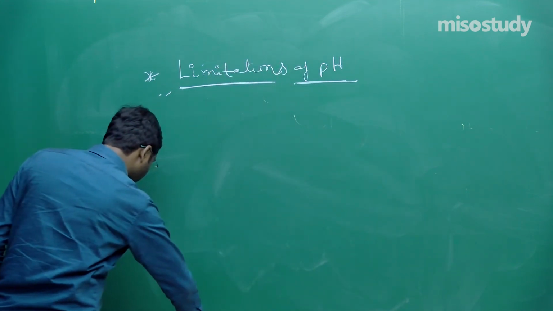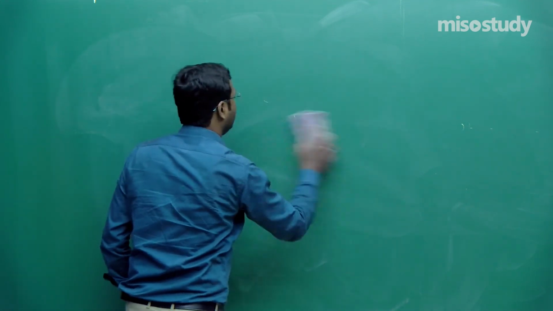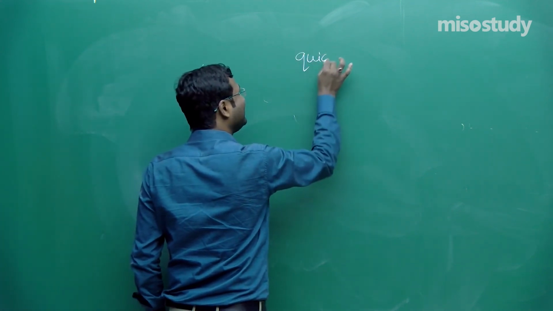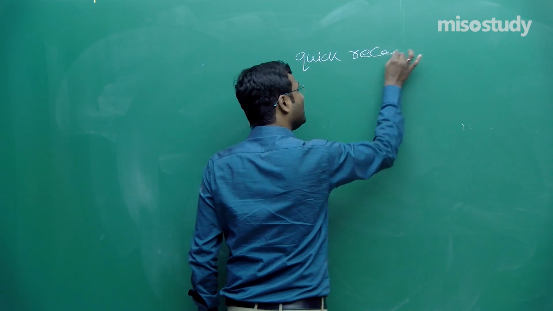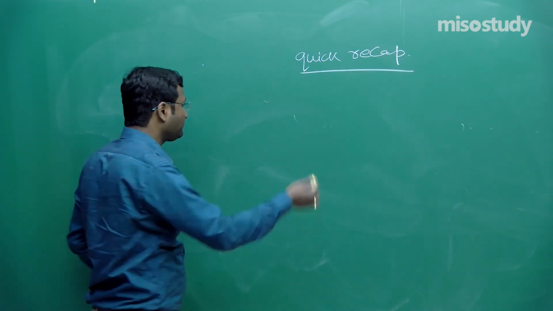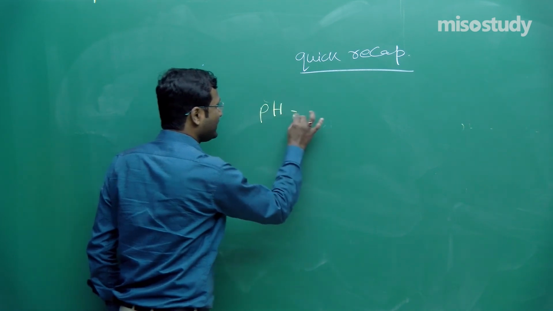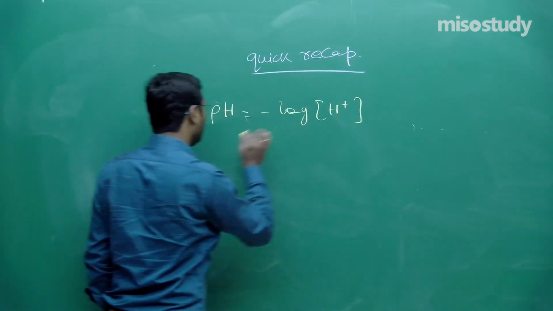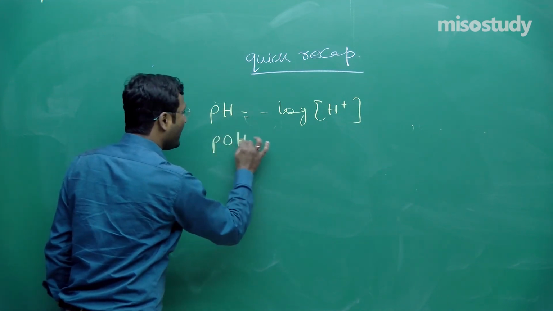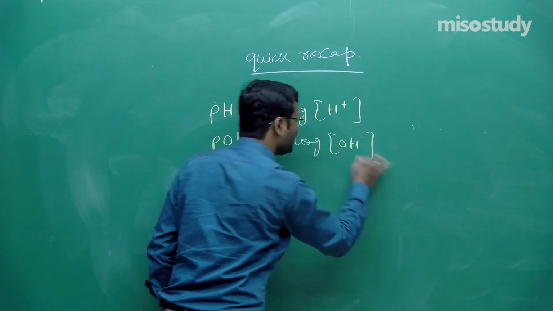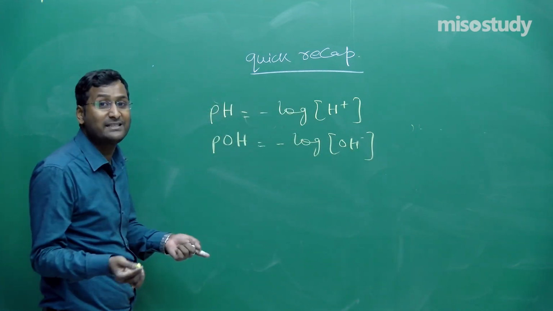Now there is a quick recap, that is quick revision of what I have discussed. pH is equal to minus log H plus. I am giving you the formula. pOH is equal to minus log OH minus ion concentration. This is the formula. That's a quick recap, revising the chapter.